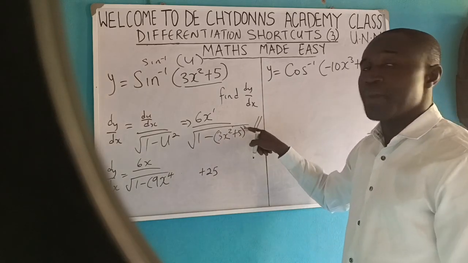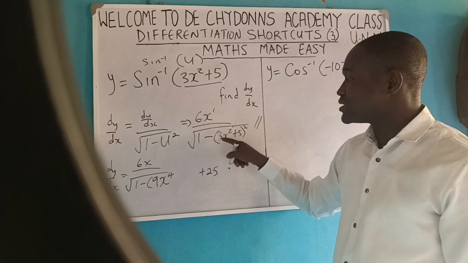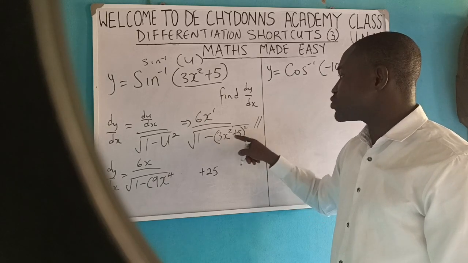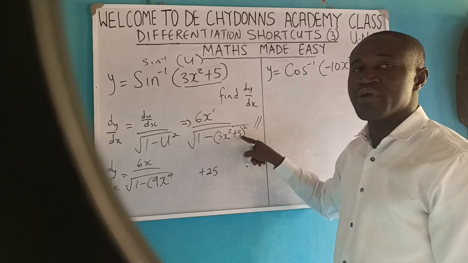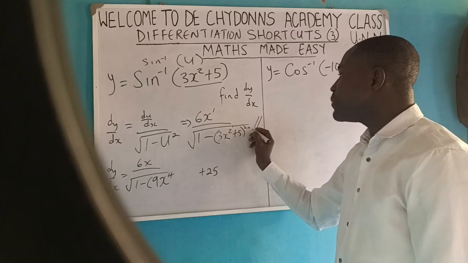Then I will use the power of 2. 2 times 3 is 6. 6 times x squared is 6x squared. 6x squared times 5 will be giving me 30x squared. I repeat, use the power of 2.